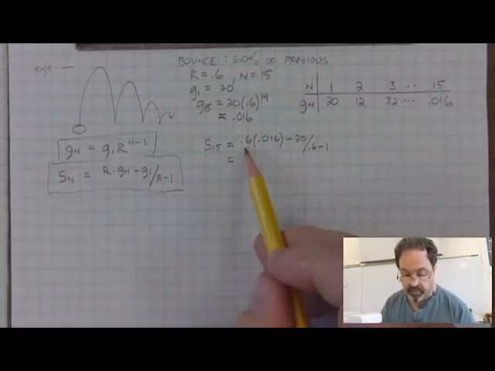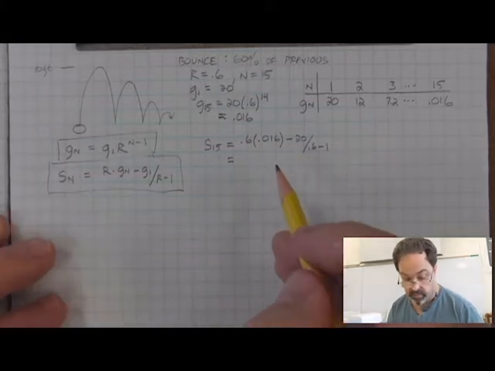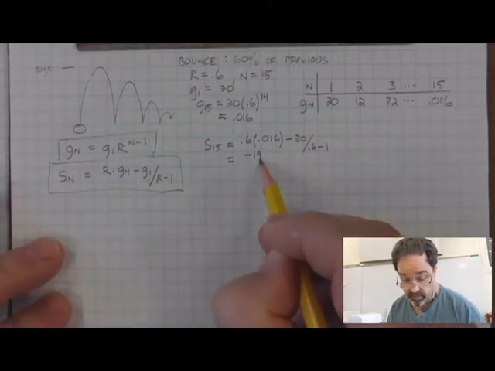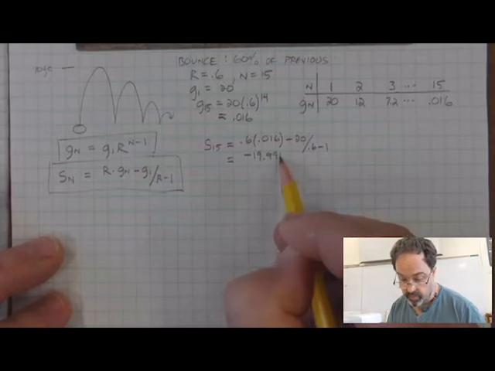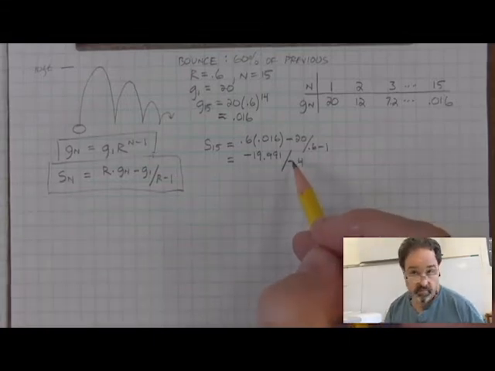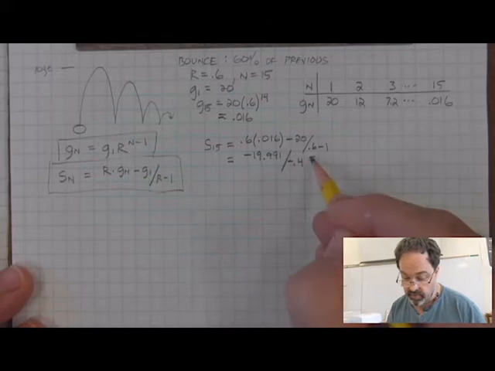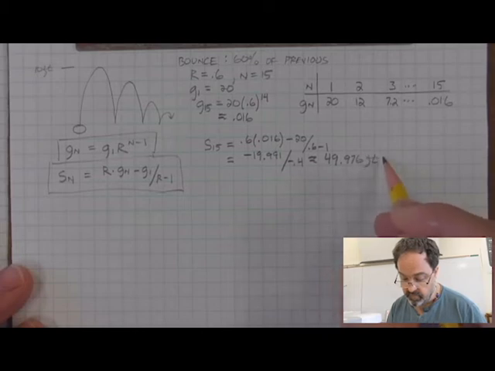Using a calculator, 0.6 times 0.016 minus 20 is negative 19.991, and then we're dividing by a negative 0.4. We expect a distance to be positive, and it will be because these negatives are going to cancel out, giving us an approximate distance traveled of 49.976 feet.